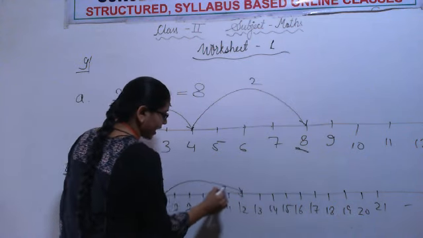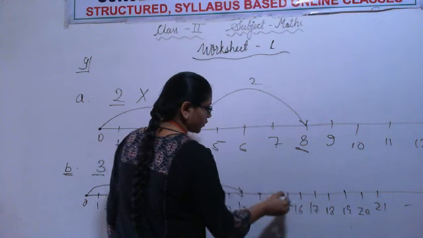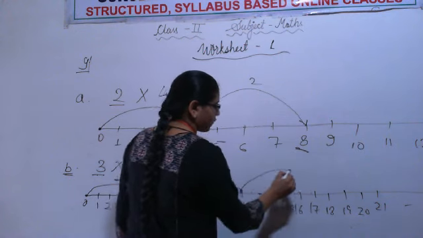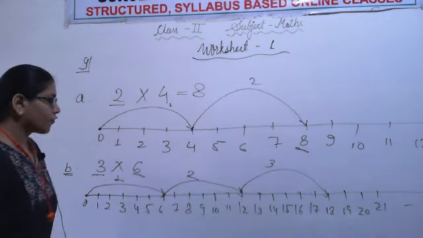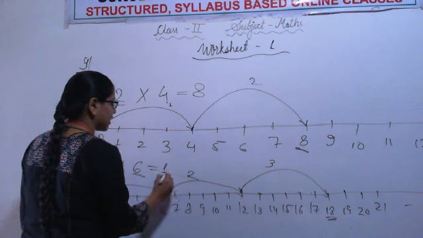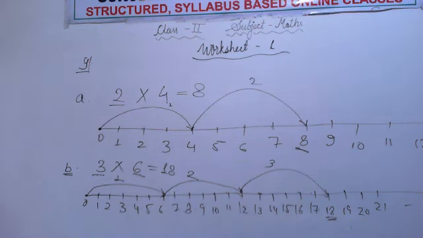For the second time 1, 2, 3, 4, 5, 6. And for the third time. So where we stopped? At 18. So this is our answer. So 3 into 6 is equals to 18.